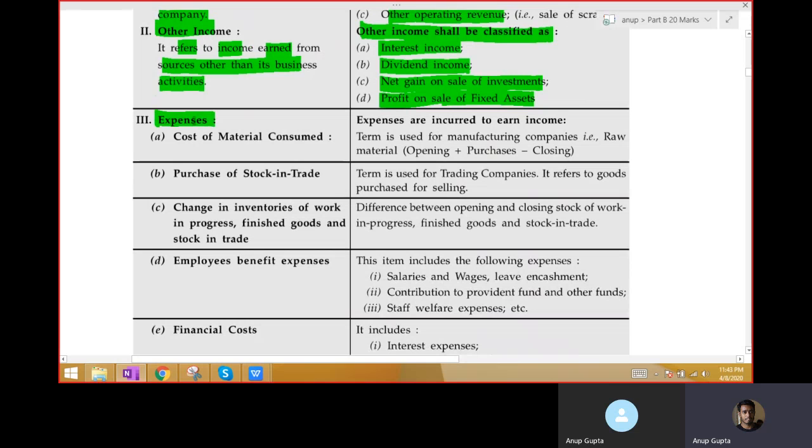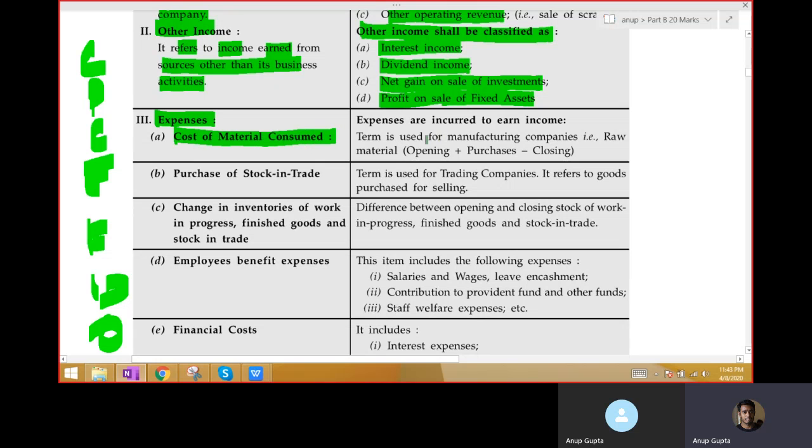Then comes your expenses. Under expenses, if you remember, it is CPC, EFDO. C is cost of materials consumed. Cost of materials consumed is the amount of raw material that is consumed throughout the year. How will you know that?